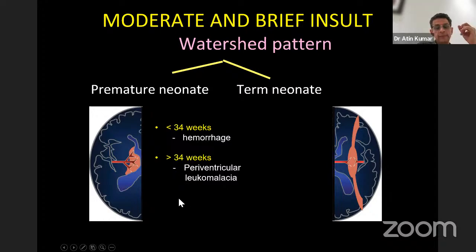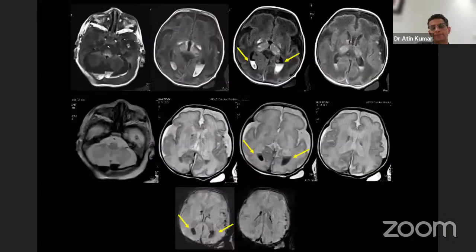If the insult occurs at more than 34 weeks, then there are no chances of hemorrhage, but it's just a periventricular leukomalacia pattern which occurs, and this is periventricular because the watershed zone is periventricular. Whereas in the term neonate, the watershed zone shifts to the subcortical location, so any ischemia we'll see at the periphery. Let's see the examples.